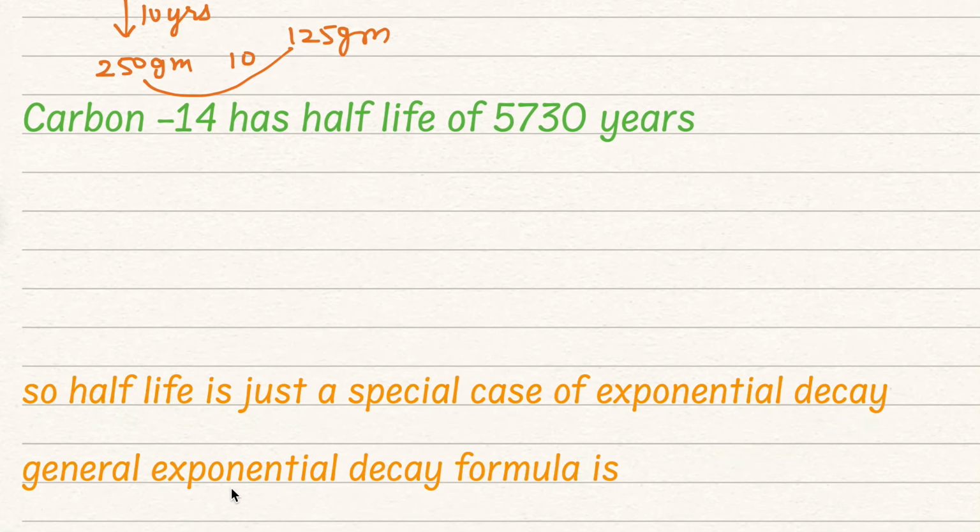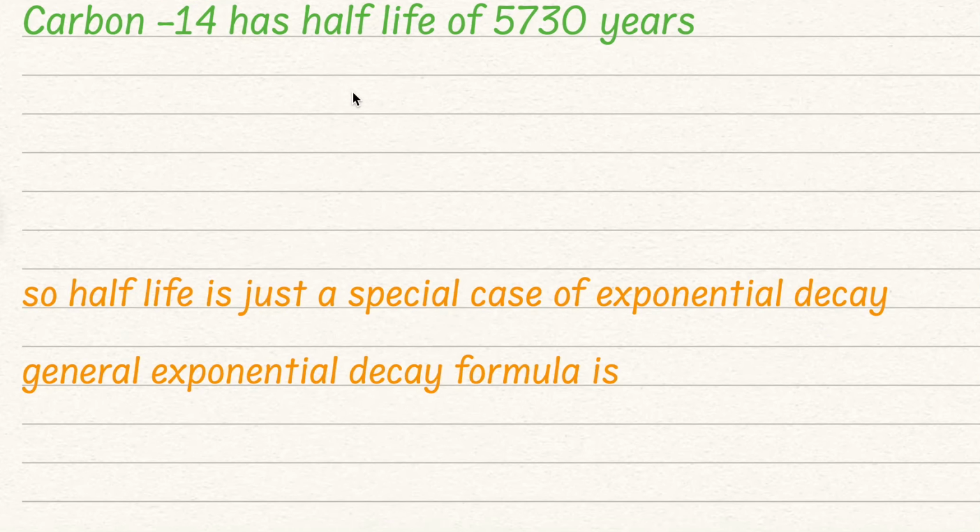So let's take a common example of carbon 14, which has a half-life of 5730 years. Too much. Suppose the initial amount is 1000 grams, right? So after 5730 years, that amount will be 500 grams.